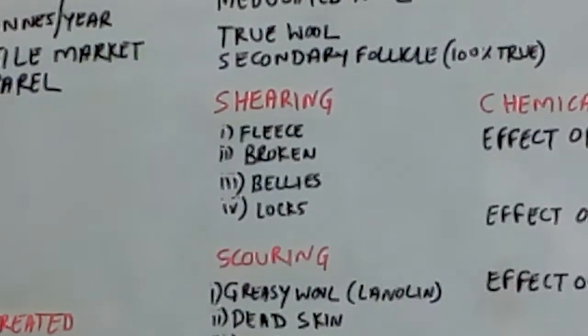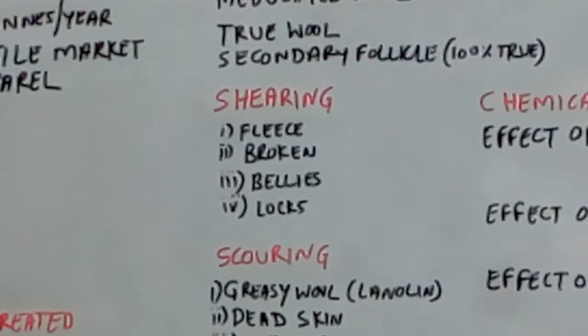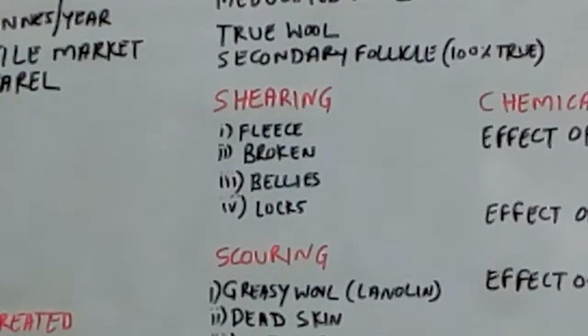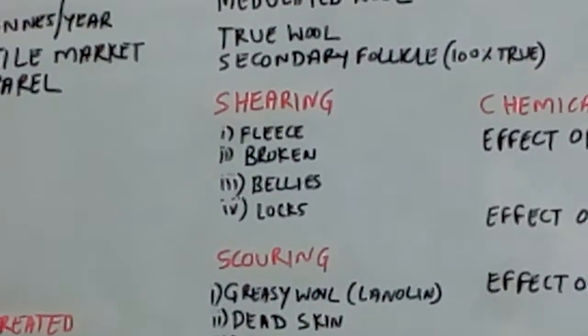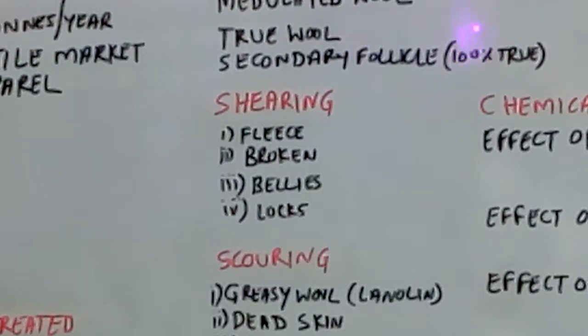The 100% shearing of a single sheep or goat gives these four types of fibers. First one is fleece, second one is broken, third one is bellies, fourth one is locks. Fleece, which I discussed in the primary and secondary follicle, and these four fibers are sheared and graded separately.